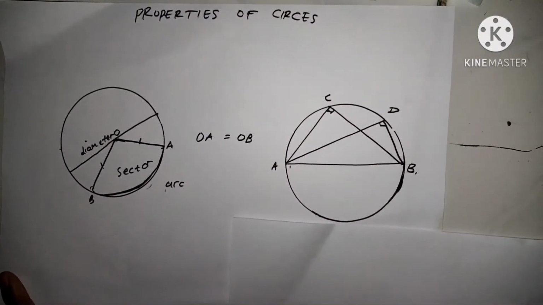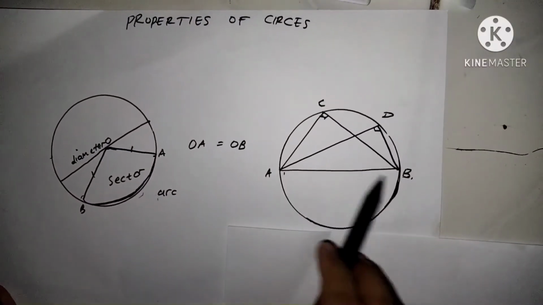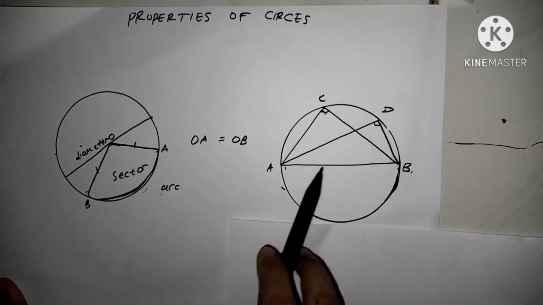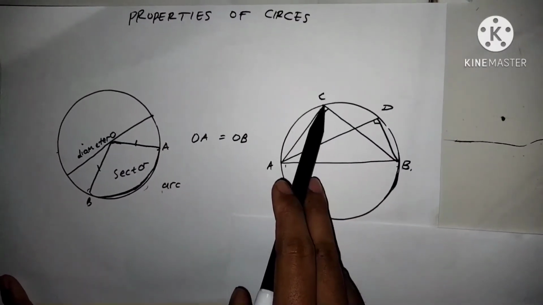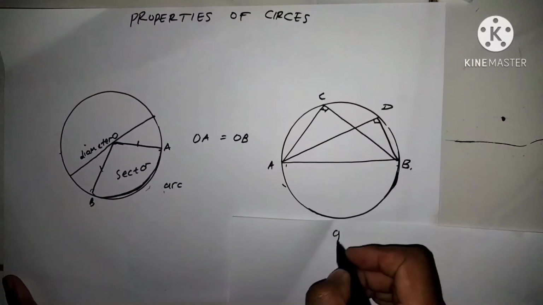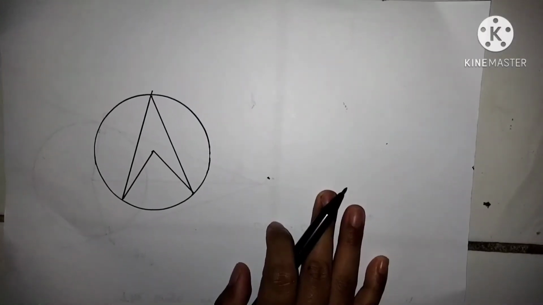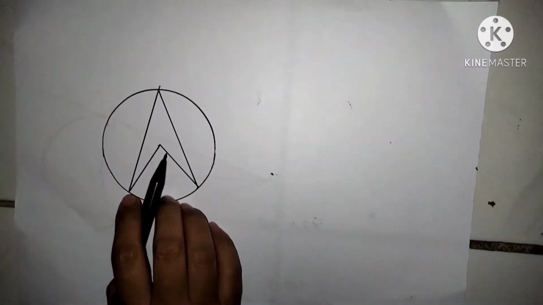Okay, next, the angle in the semicircle. If line A to B is our diameter, and we've got two lines that meet at the circumference, we're sure that this angle at the top is 90 degrees. Next, about the angle at the center of a circle.